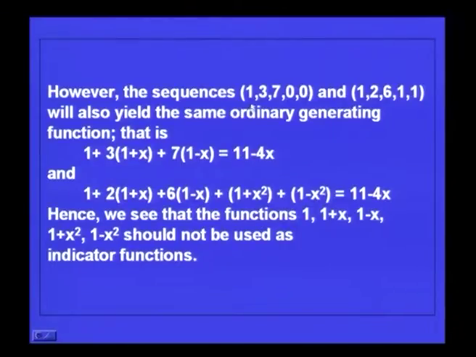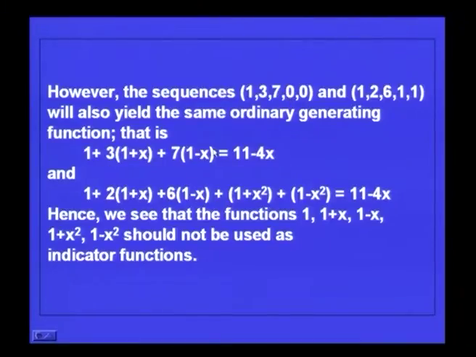Look at this sequence, 1, 3, 7, 0, 0, with the same set of indicator functions. What will you get as the generating function? 1 into 1, then 3 into 1 plus x, 7 into 1 minus x, 0 into 1 plus x squared, 0 into 1 minus x squared, and so on.